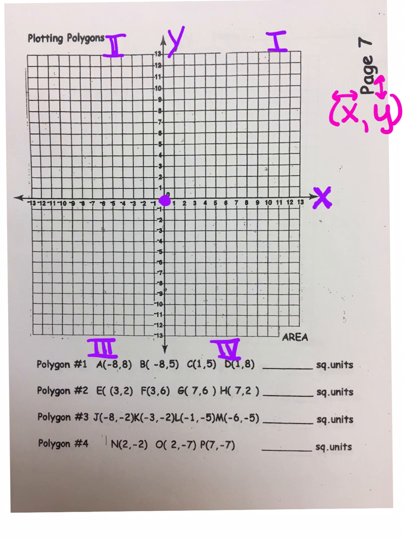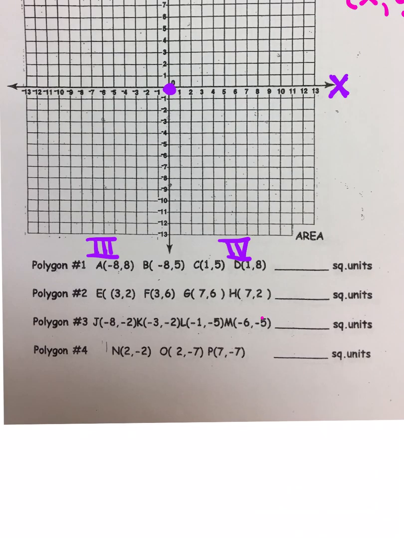Once we're done plotting the given polygons, we will then find the area. If we're finding the area of a square, a rectangle, or a parallelogram, we can use the basic formula area equals base times height.